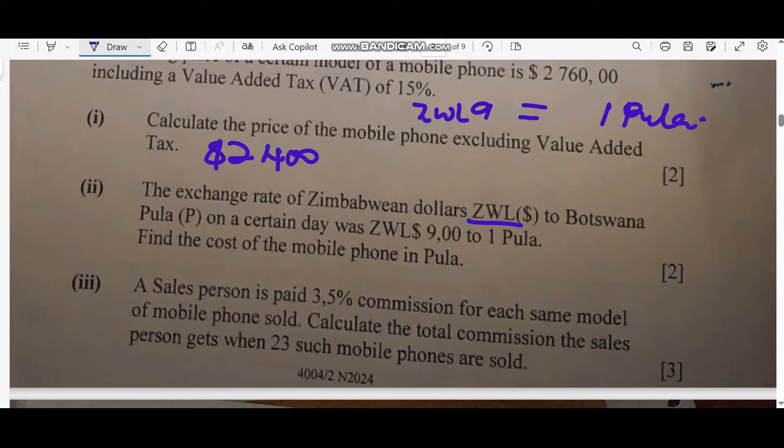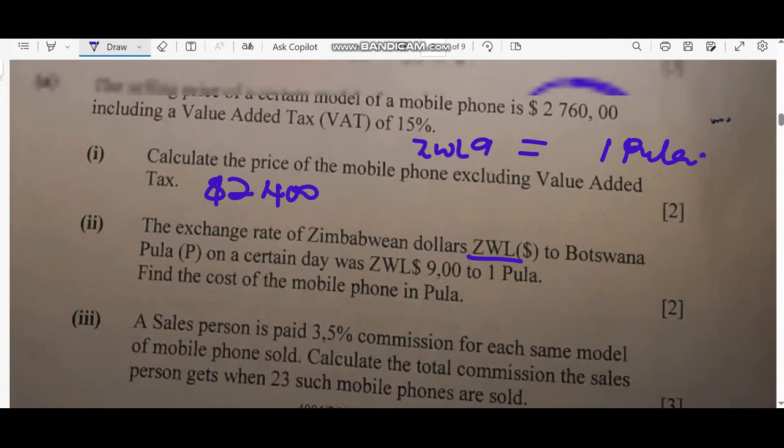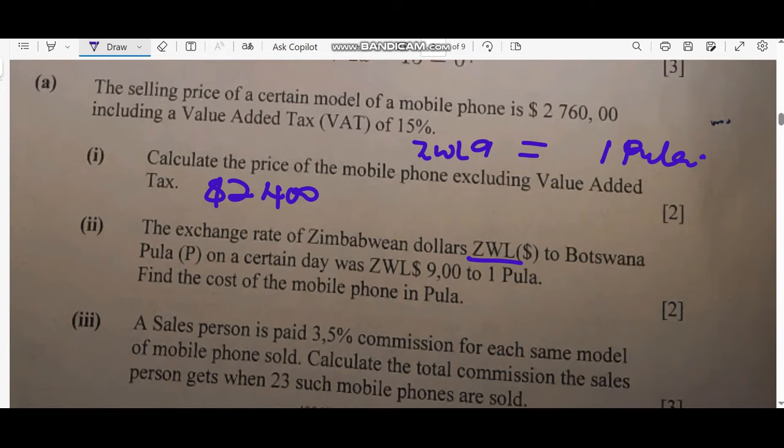Find the cost of the mobile phone in pula. The mobile phone we found costs 2400. So if 9 Zimbabwean dollars is 1 pula, what about 2400 Zimbabwean dollars? It is equal to how many pula?